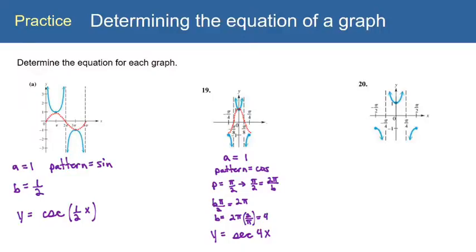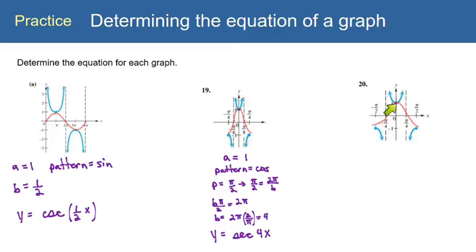And finally, this last one, we have a y value of 1 here. So our guide graph is going to have a y value of 1, and x-intercepts here and here. So there's our guide graph, and that looks like, again, a cosine pattern, because you could think of it as a phase-shifted upside down cosine, or you could think of it as a phase-shifted sine.